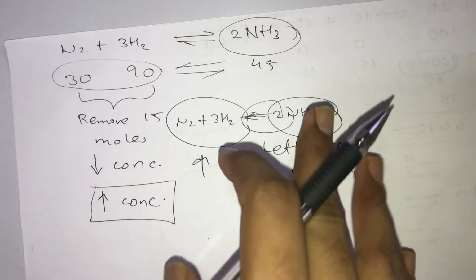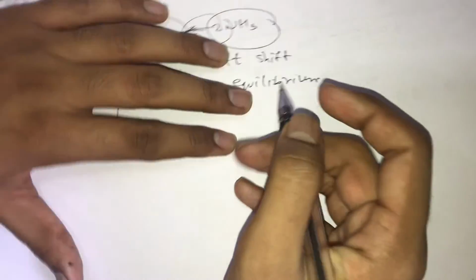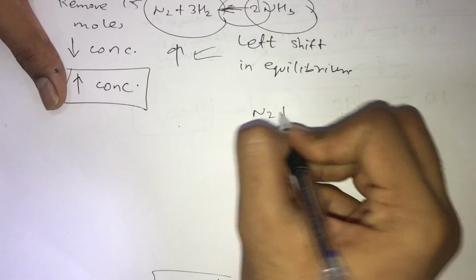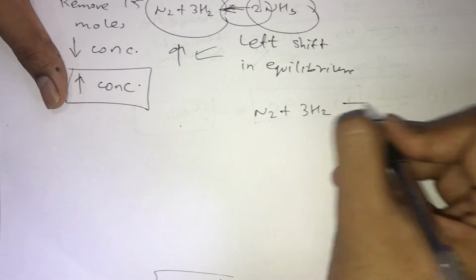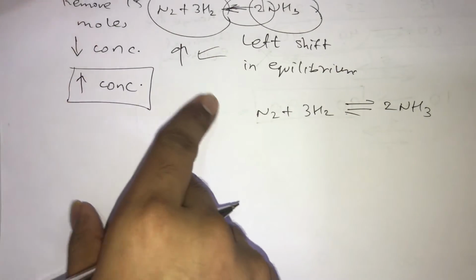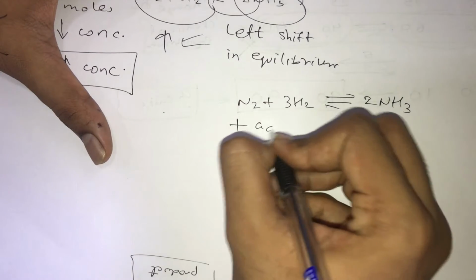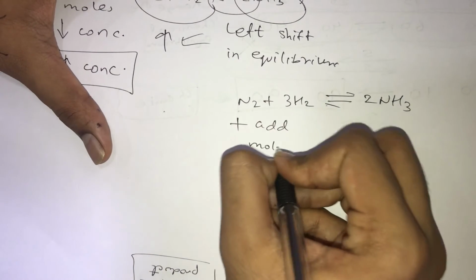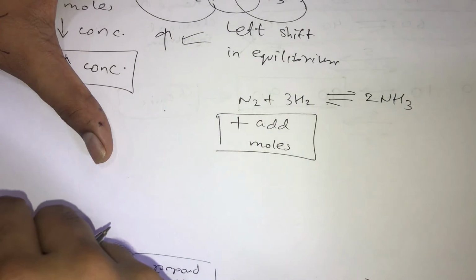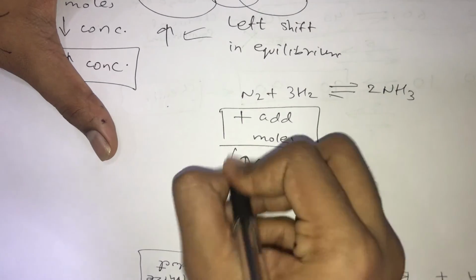Now another condition they might give you in the examination, don't get confused between this. For instance, let us consider the same reaction only. Backward reaction, forward. Now let's say that you add moles on the reactant side. So when you're adding moles, can I say that you're increasing the concentration?